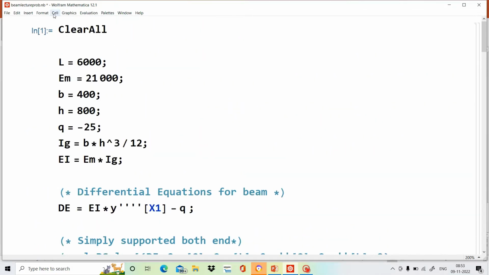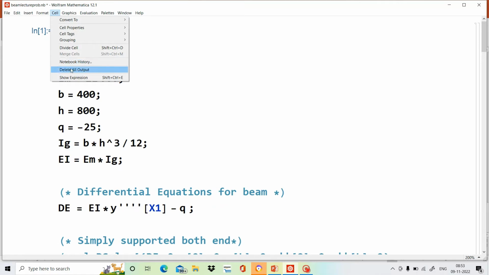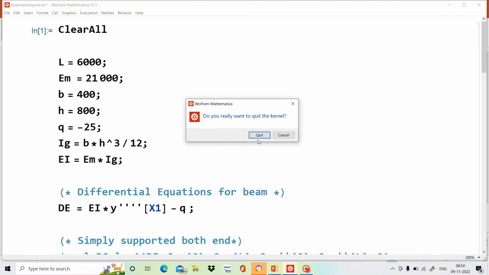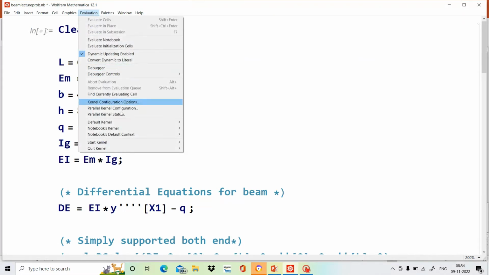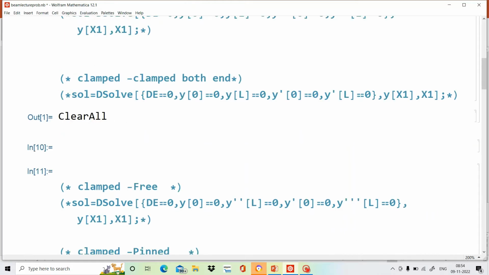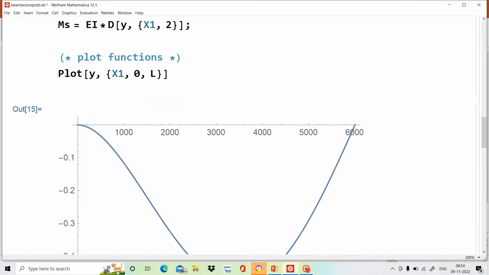First of all, let's delete all output. We will run this and let's see what the case is.